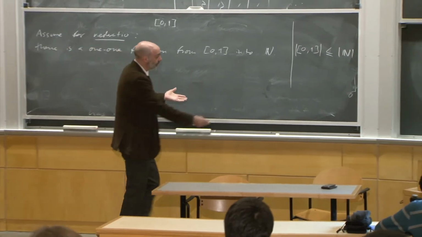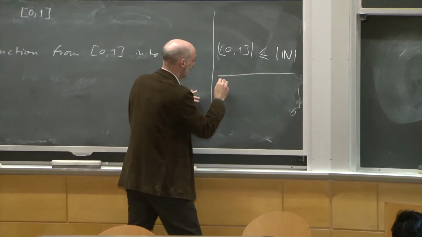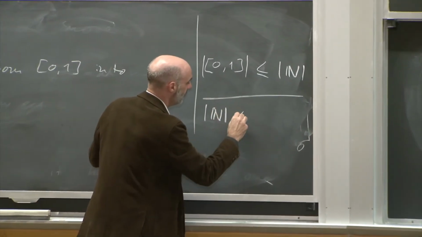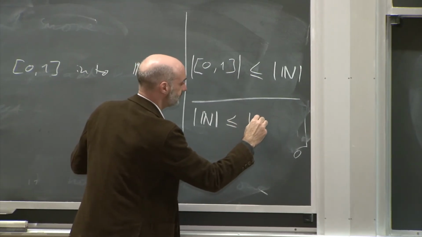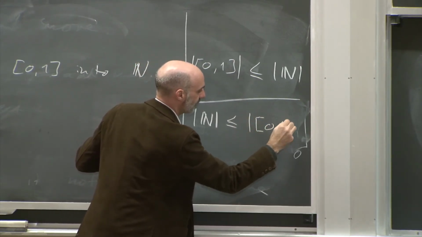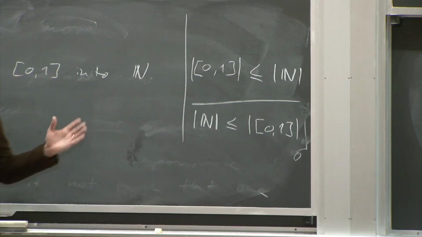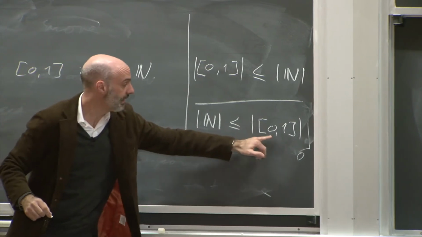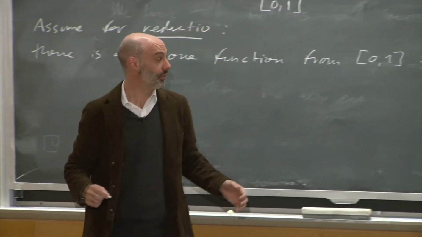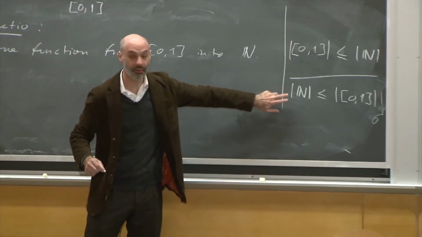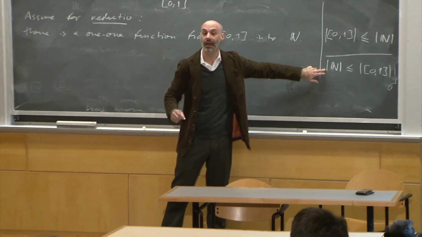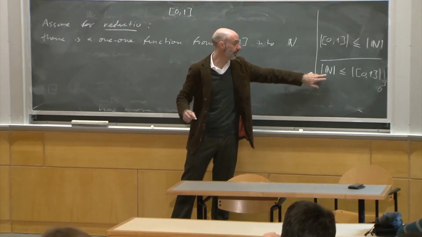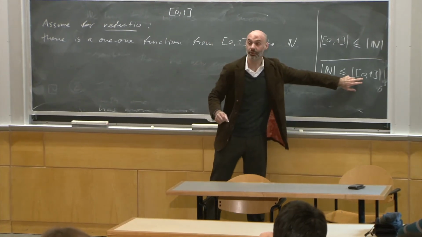But we also trivially know that the cardinality of the natural numbers is smaller or equal to the cardinality of these guys. So can anyone think of a quick proof of this? In other words, a 1, 1 function that takes us from each natural number to a number in there?